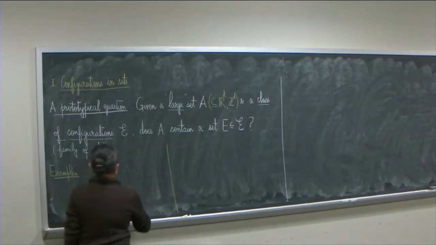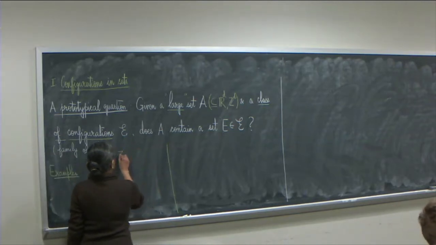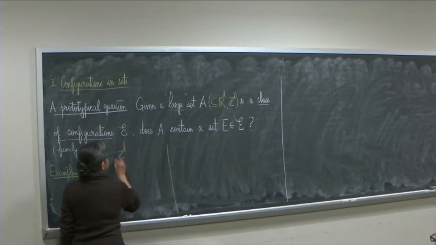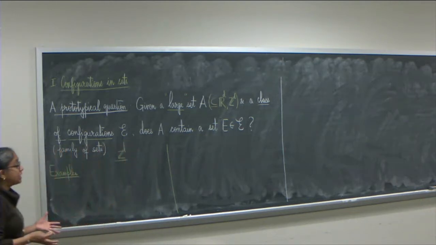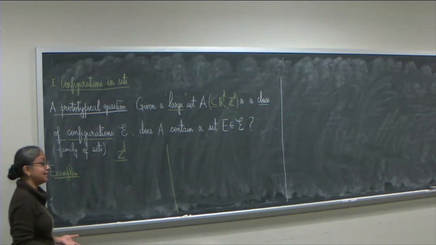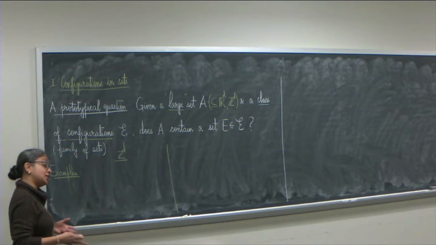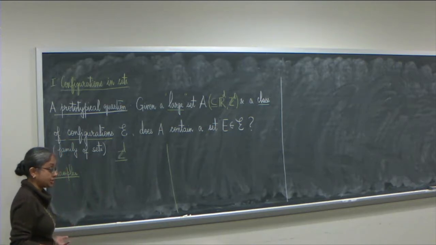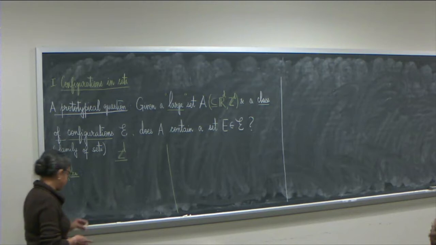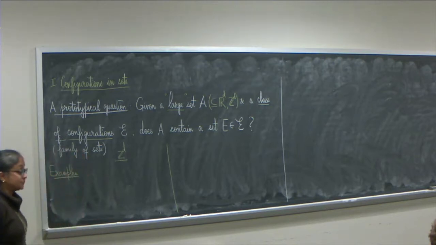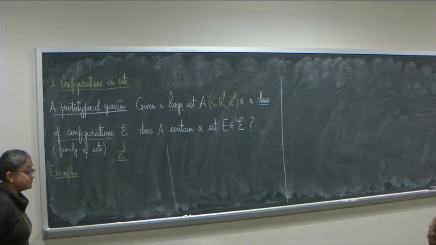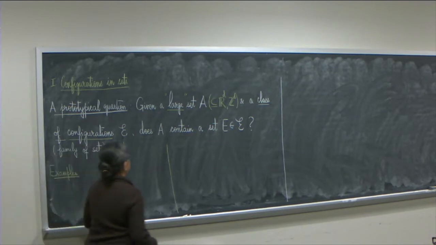Family means indexed by something or what? Right now I haven't said anything, because in the fullest generality, it can be just an arbitrary, potentially infinite, potentially uncountably infinite collection. But usually a family means it is indexed. But that doesn't mean that two different indices cannot give the same set. That's right. That's exactly right.